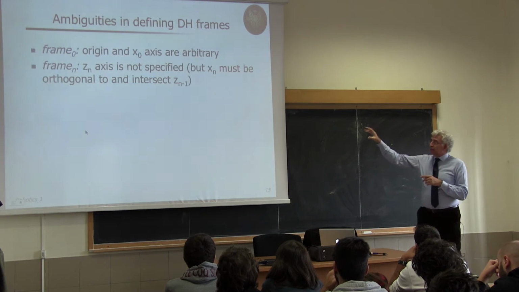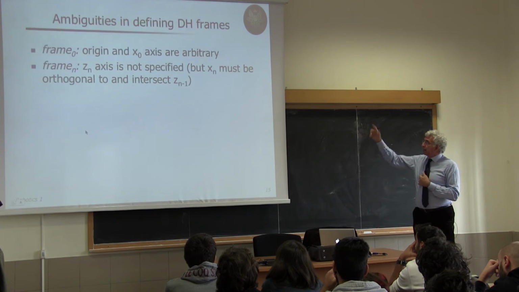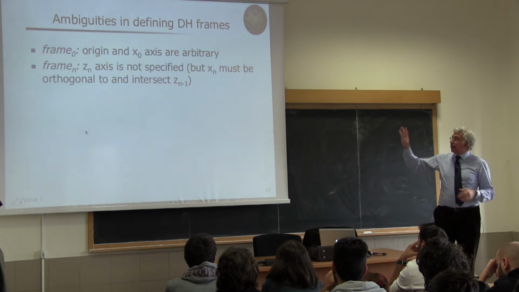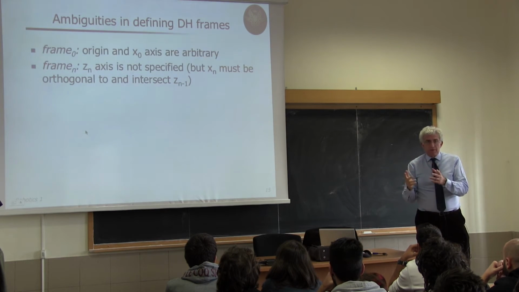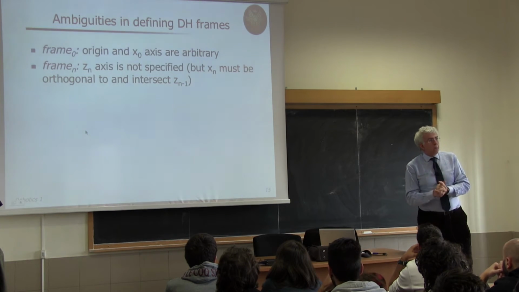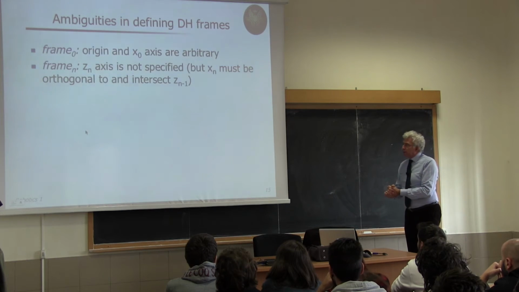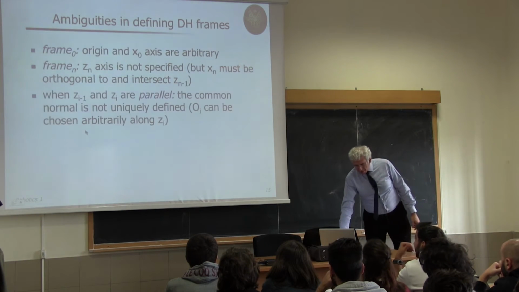Out of this, Zn is arbitrary, and the origin also is arbitrary. I never talk about the y-axis, because once we have defined 2 of the 3 axes, we complete it in a right-handed way.